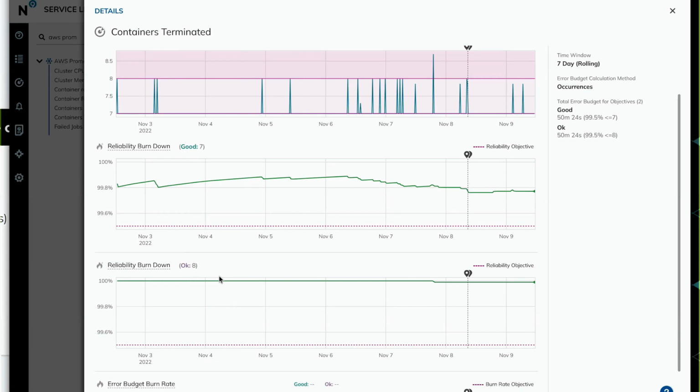And so we do want to have a healthy amount of burn and to show that we're utilizing all of the reliability. As part of the iteration process, we'll probably just change this to be the 7, because that's the more realistic one that has a good level of pressure that we can put on it for higher reliability.